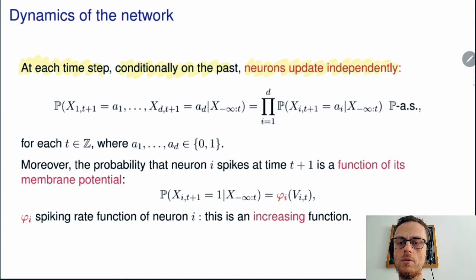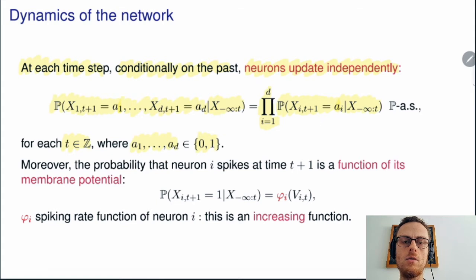This means that for each time t and for each choice of symbols a_1, ..., a_d in {0,1}, the probability that X_1,t+1 is equal to a_1, etc., X_d,t+1 is equal to a_d, given the path of the network up to time t, is the product for i going from 1 to d of the probability that X_i,t+1 is equal to a_i, given the path of the network up to time t.